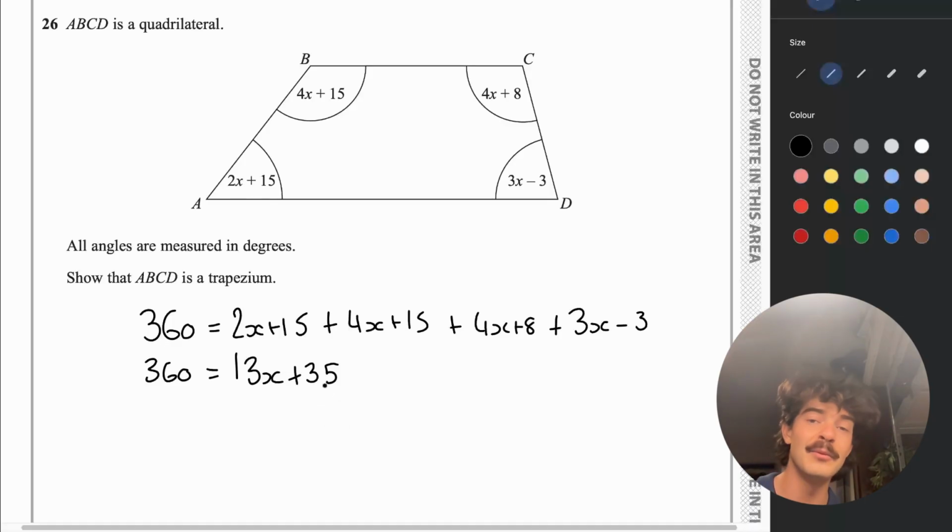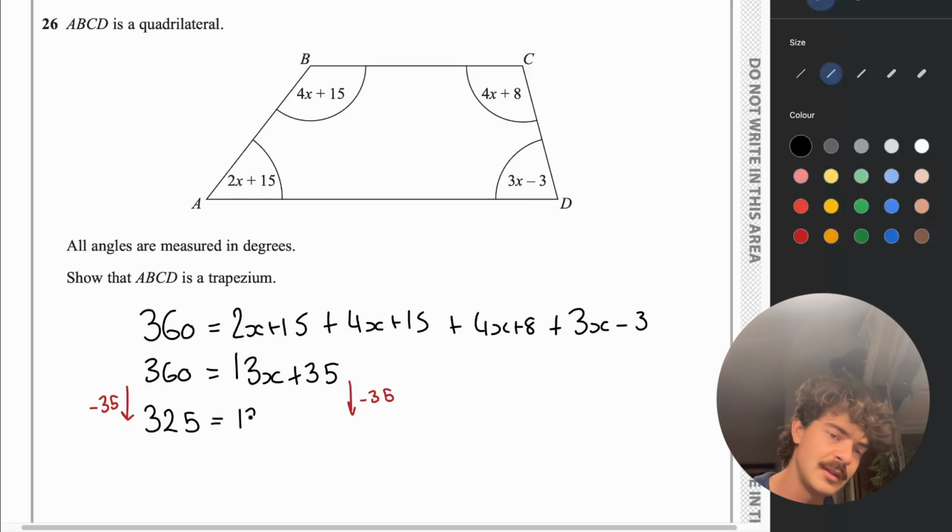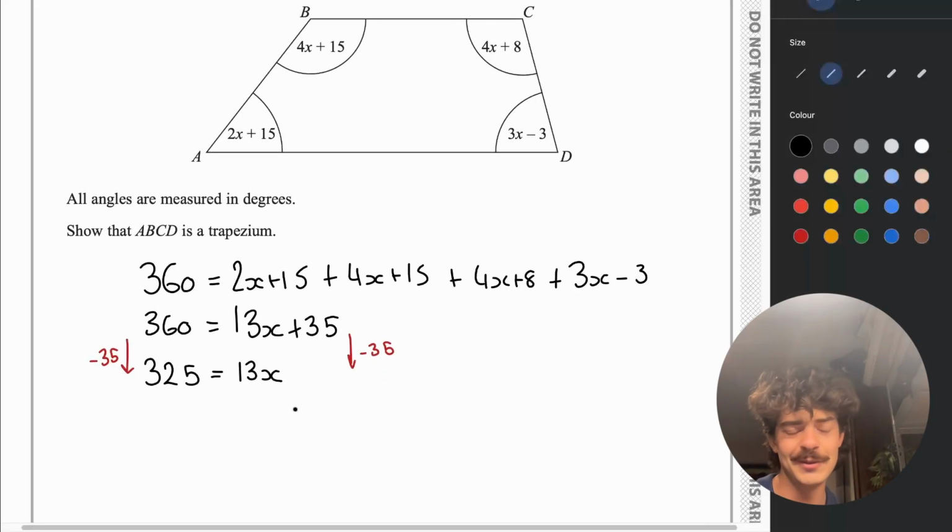Now, our objective with algebra is always to get x's on one side, numbers on the other. So let's start by getting all the numbers to one side. So we're going to get minus 35 and minus 35 like this. That's going to leave us with 325 is equal to 13x. And oof, that's not hugely obvious, but 325 divided by 13 gives 25.